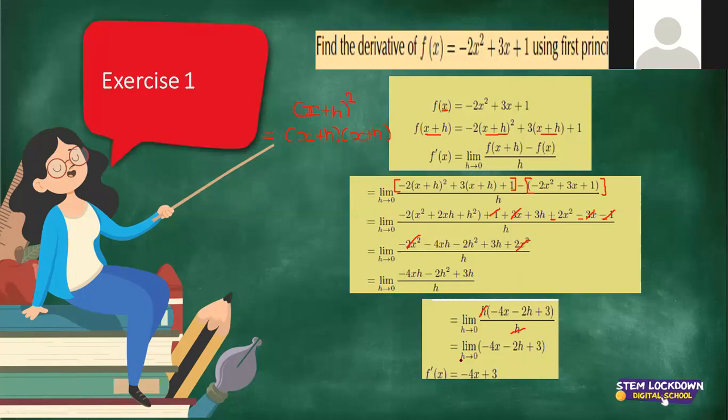And then as h approaches 0, we use our substitution rule. We substitute 0 into the h. And then this term falls away. And then this is our derivative. So these are the solutions to the homework.